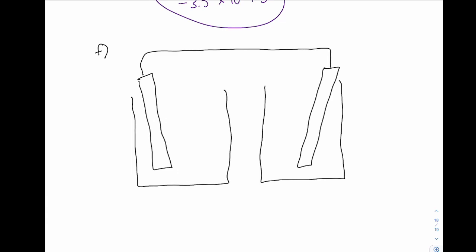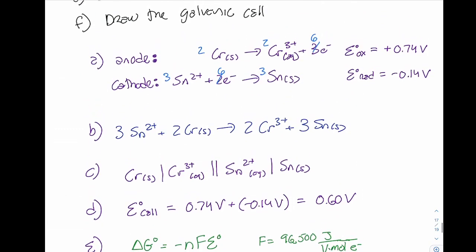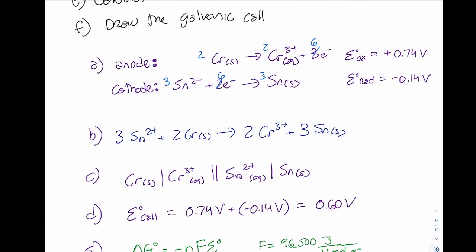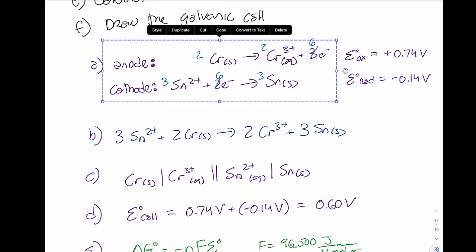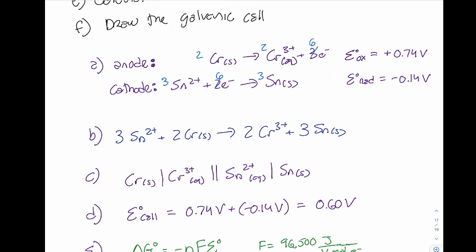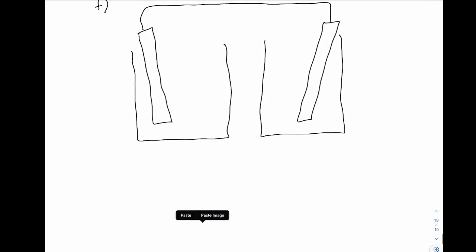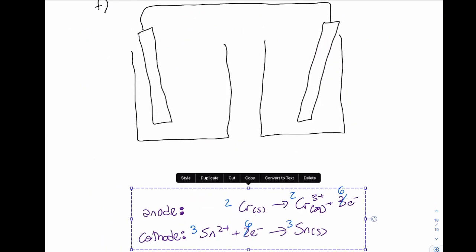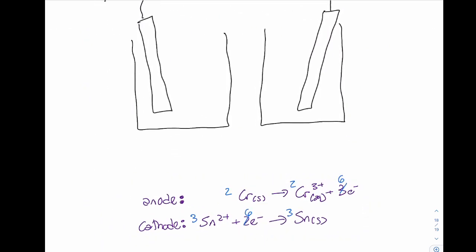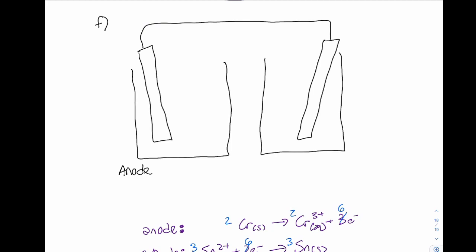And then I'm going to do the anode on the left again, and I'm just going to copy these down so I don't have to scroll up so much. So my anode is going to be on this side. Again, for this one, you could put them on either side. My anode is going to be my negative electrode. My cathode is going to be my positive electrode.